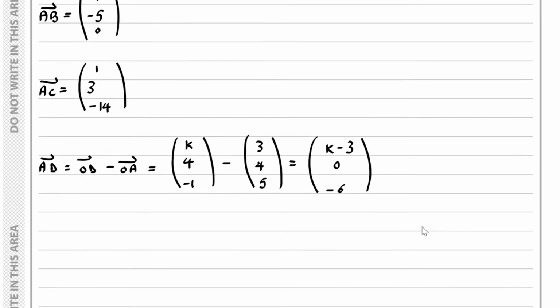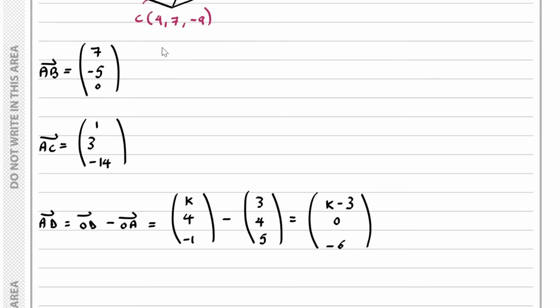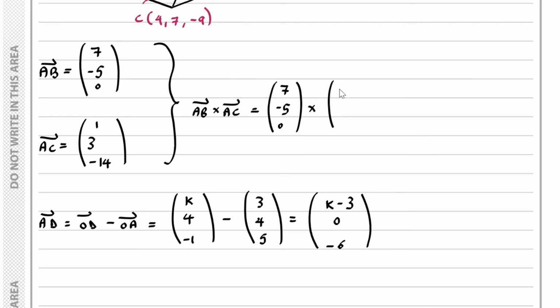Okay, so from here, what we can do is figure out AB cross AC, so (7, -5, 0) cross (1, 3, -14). And the reason I want to do this is because the volume is equal to the magnitude of AD dot product with AB cross AC.